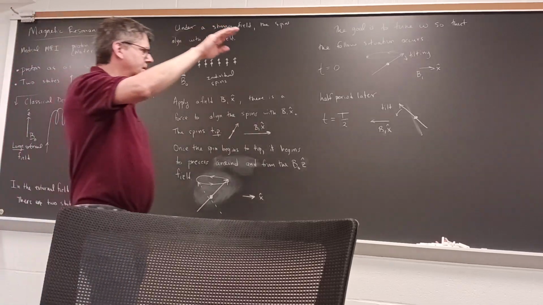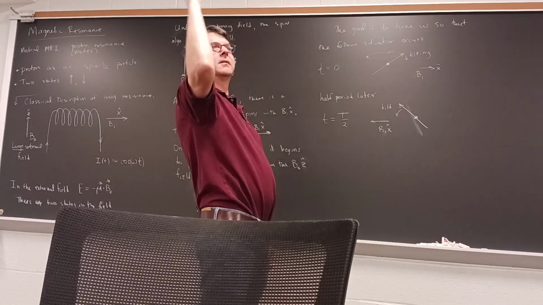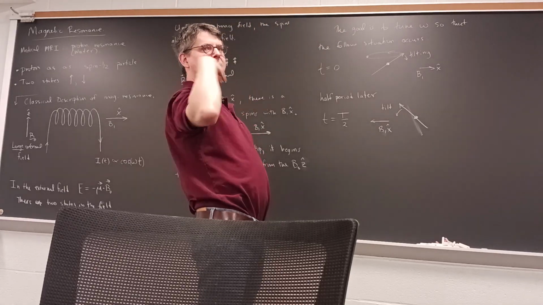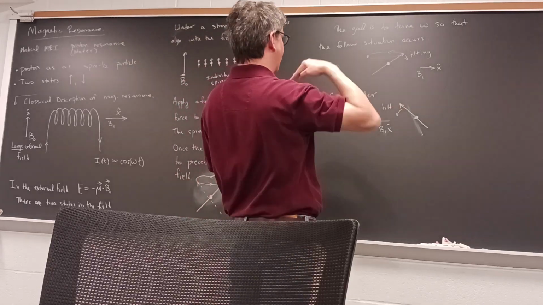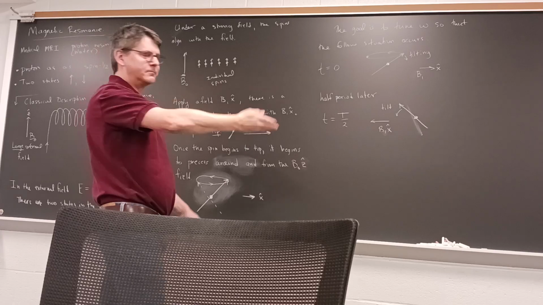So in the field, the classical picture is that the spin does this. It tilts, it's precessing, and it tilts more and more down to the x-axis. So that after a certain amount of time, it's completely tilted.